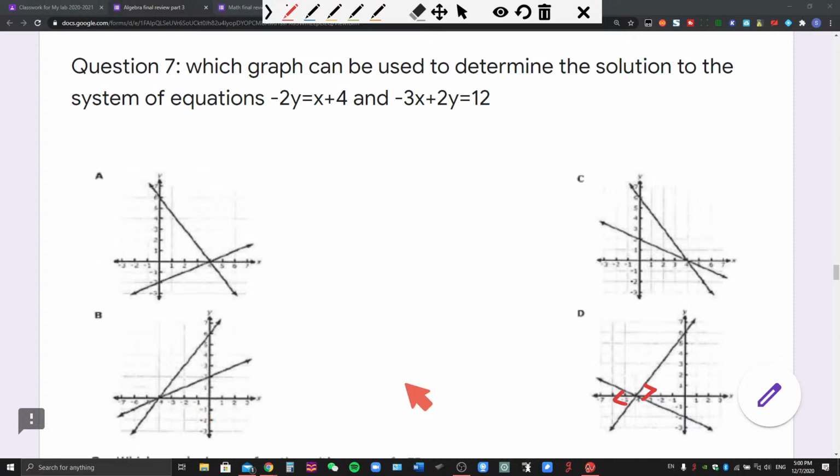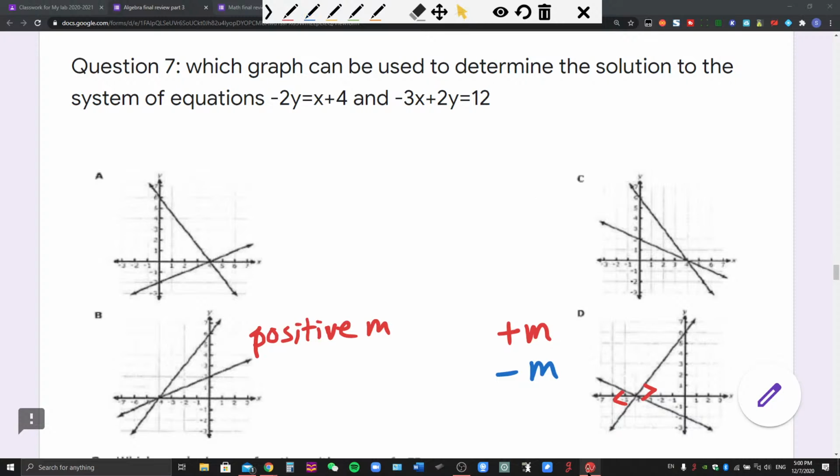Again, for B, if you check, both of the two lines have a positive M. That means they're going up and right. However, for D, there's one positive M and one negative M. Okay?